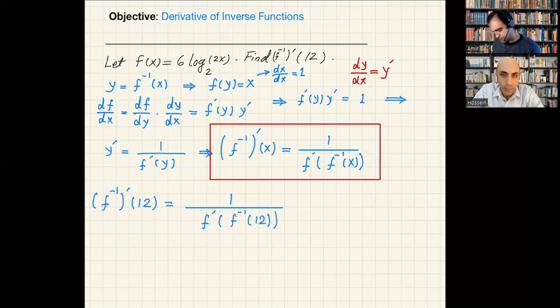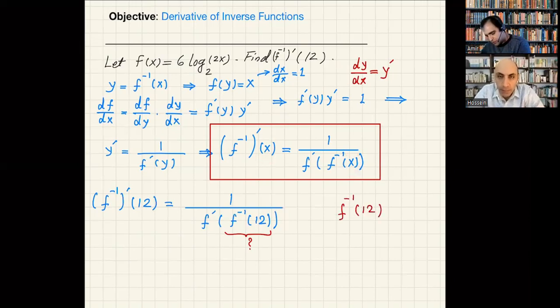Am I right? Yes, that's correct. Instead of x here, I replace 12. Here I don't know the value of the inverse of f at 12. So you need to find that.